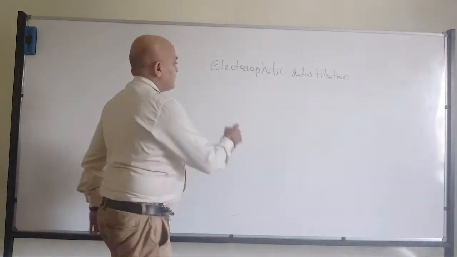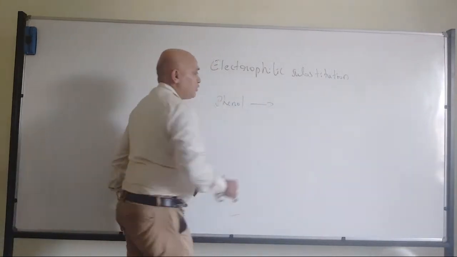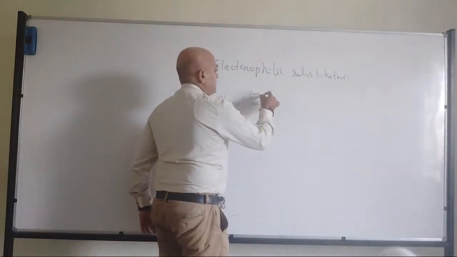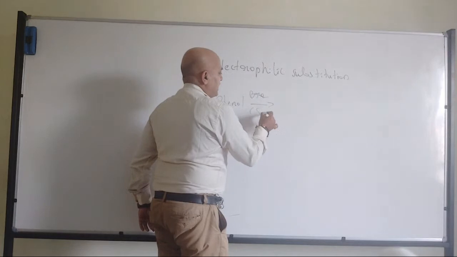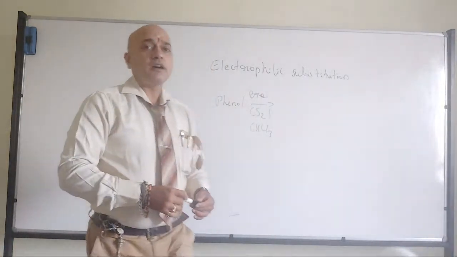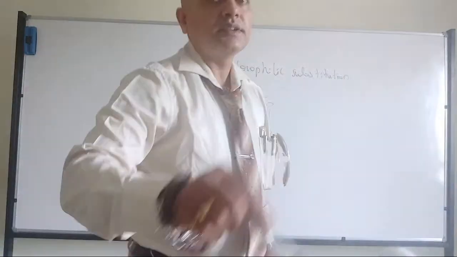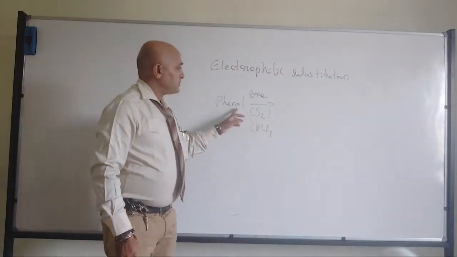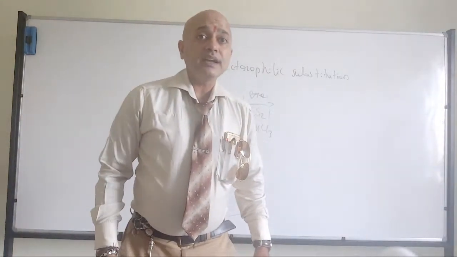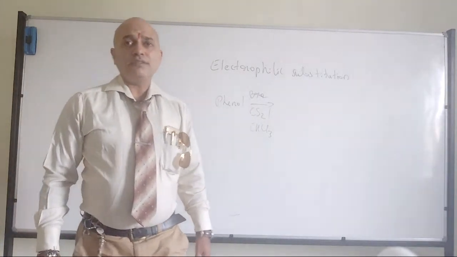In the same way, when I am talking about phenol, if I go with halogenation, what will be the product when phenol is treated with bromine in the presence of carbon disulfide or chloroform, any organic solvent?